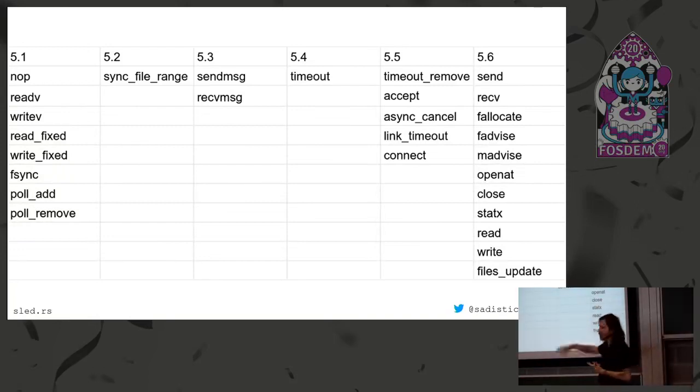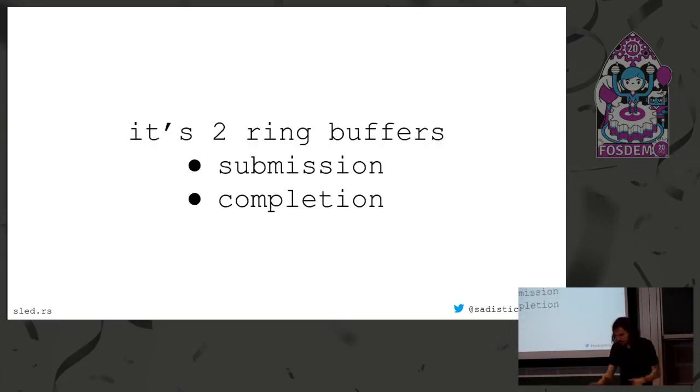Fsync just requires a file descriptor that you pass to it, but a vectored read would require a buffer to put the read into, as well as where in the file you want to read from, etc. So the submission queue is just those operations that you want to submit. They get executed out of order, and this is a way to dramatically increase the throughput. And then the result of those operations gets put into a completion ring buffer.